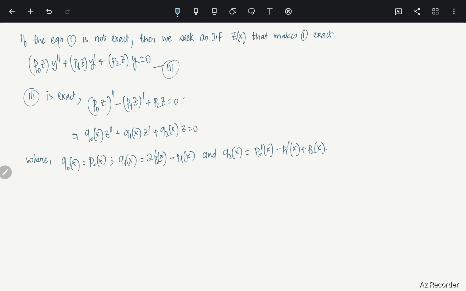Is this okay? You can just solve this, so please check this part. Now you see this expression, let's just call it 4. If you write this properly, please check this part as well. 4 is equivalent to this system.